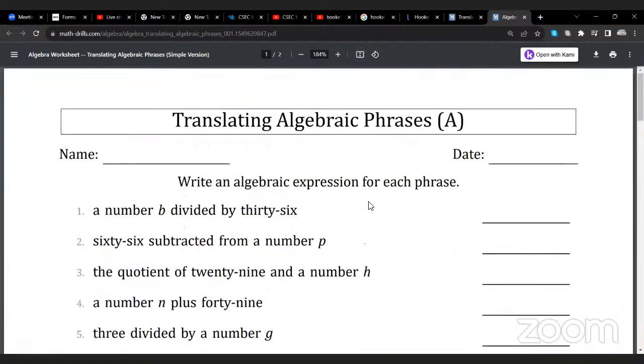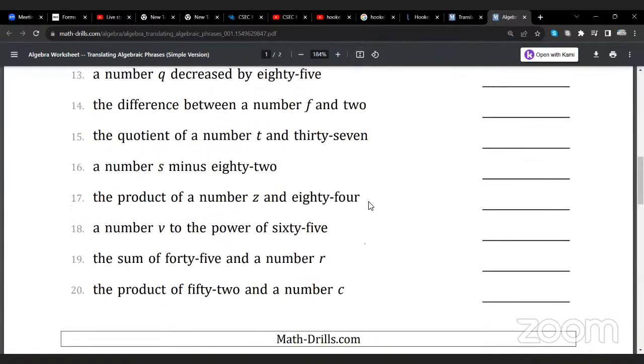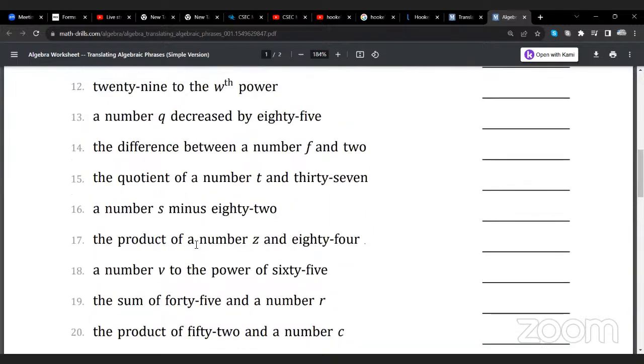Hold on, we are at 18. What's the answer you gave? V plus 65. No, read it again. Read the statement again, and then use your technique where you think about it first.